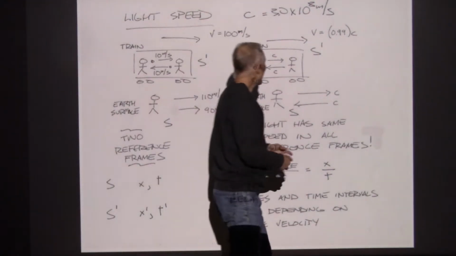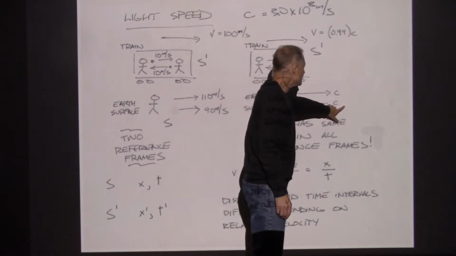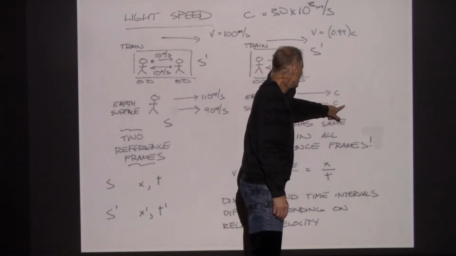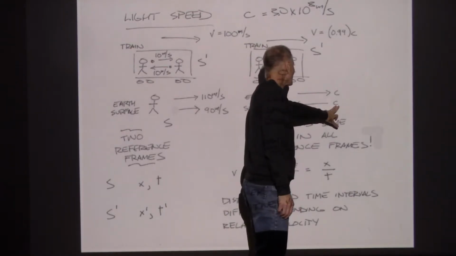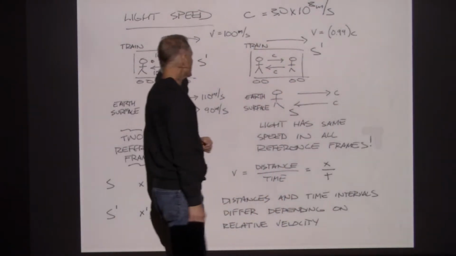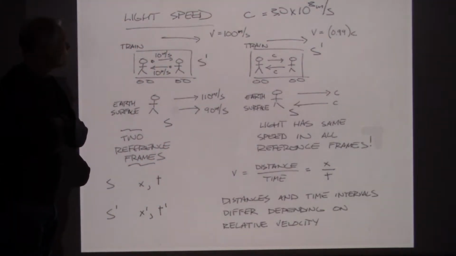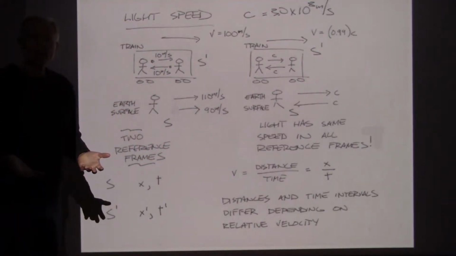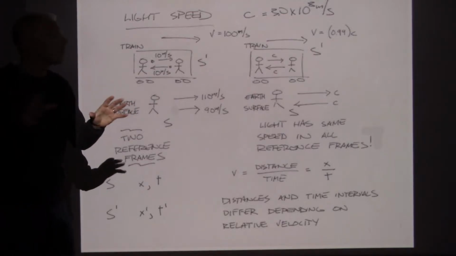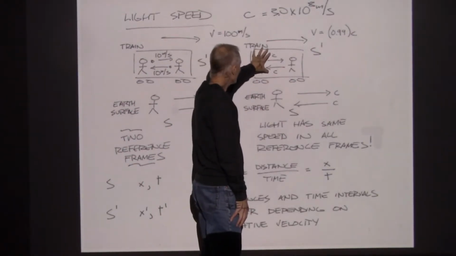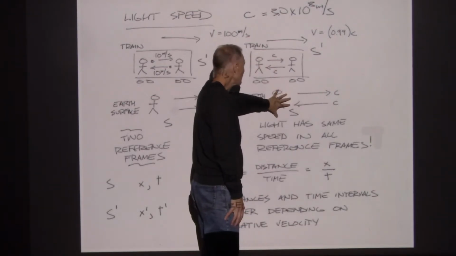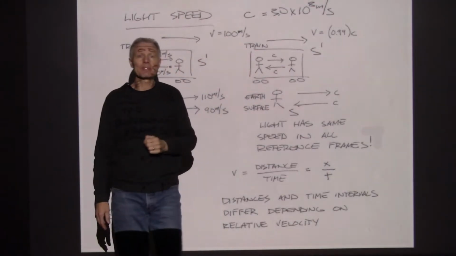And then on the way back, the light would be traveling at c minus 100 in the backwards direction. That would be the prediction from classical physics. So classical physics would say there is one of these reference frames where light is able to travel right at c, but in the other reference frame, it's just not going to have the same velocity.